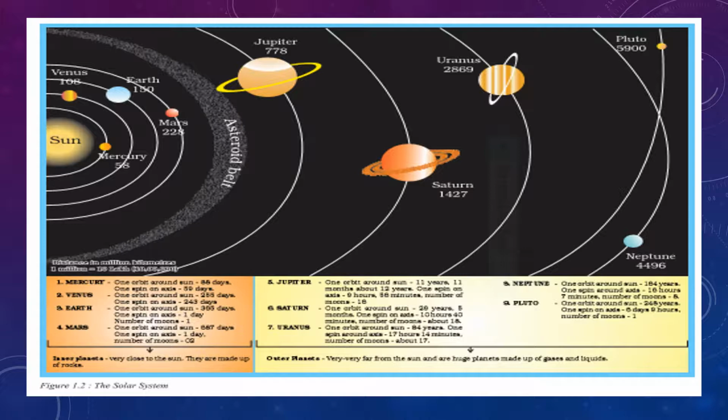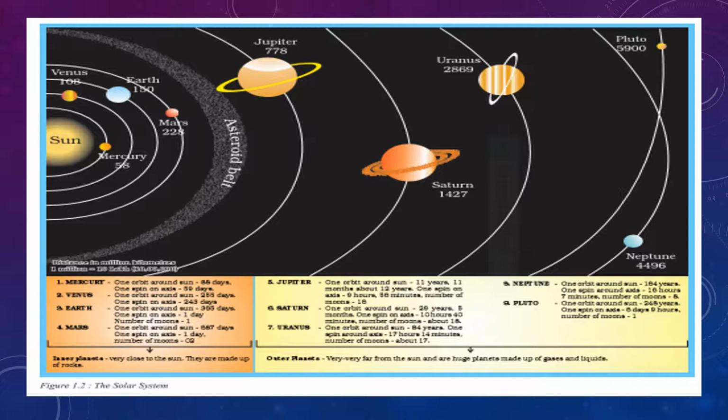So Pluto was removed. Now there are only 8 planets. As you can see in the picture, first around the Sun is Mercury, then Venus, then Earth, then Mars, then Jupiter, then Saturn, and then Uranus, and then Neptune. It is from earlier publications, so Pluto is also present.